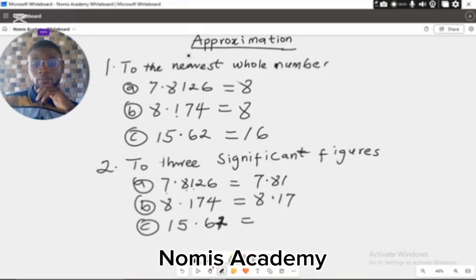So I have 2 behind 6. Since 2 is not up to 5, I will have 15.6.